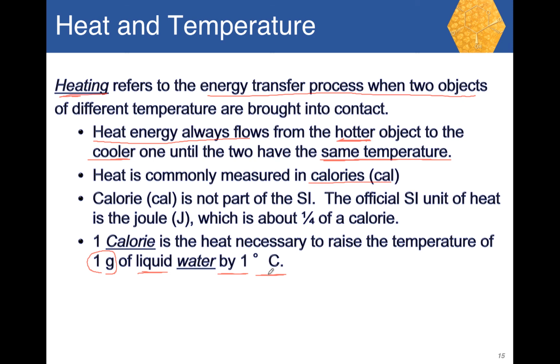Notice the unit, 1 degree Celsius. So if you get 1 gram of water and you apply heat to it and the temperature goes up by 1 degree Celsius, you have applied 1 calorie of heat.